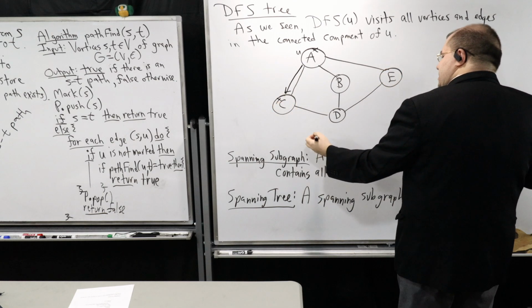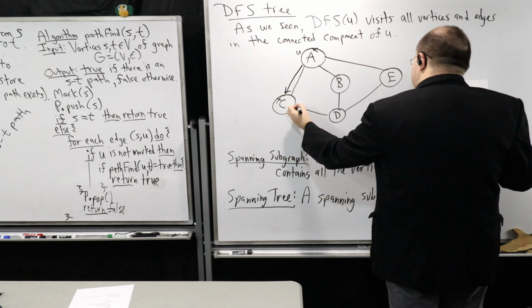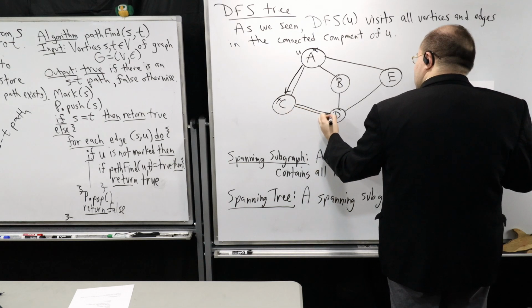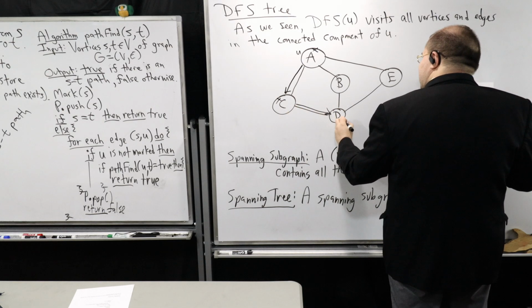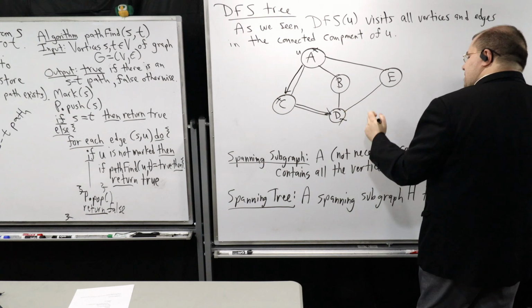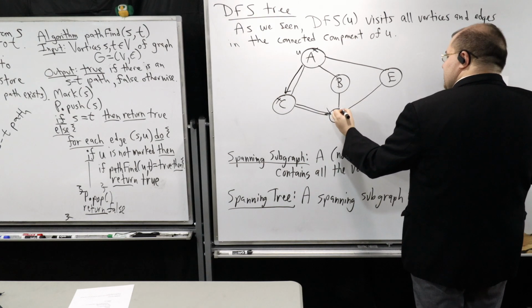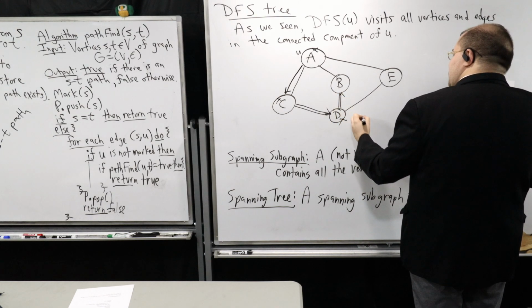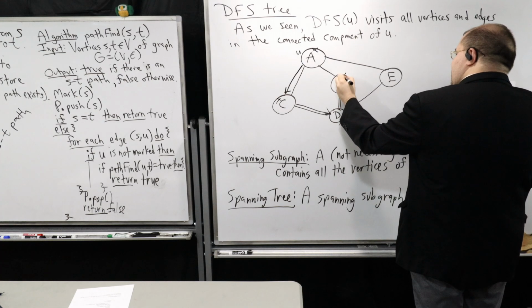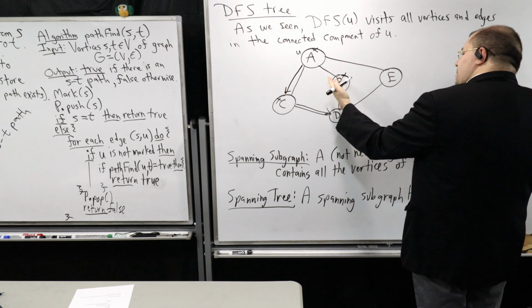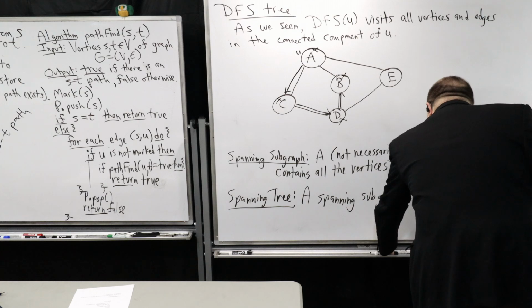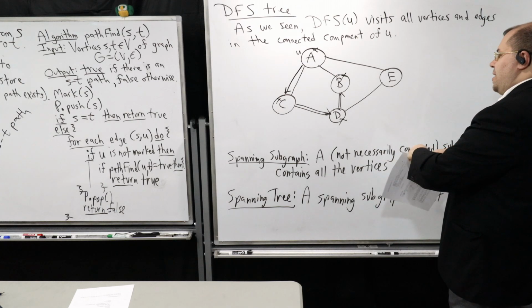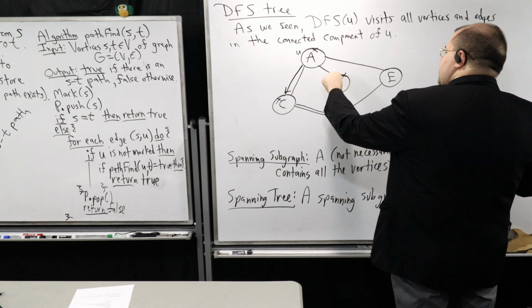I mark this vertex. I consider my incident edges, right? I label this a discovery edge. Same idea here. I might consider this edge. I label that a discovery edge. I mark this one. Notice that I'm going to have some of these that are not going to be discovery edges, right? Some are back edges.